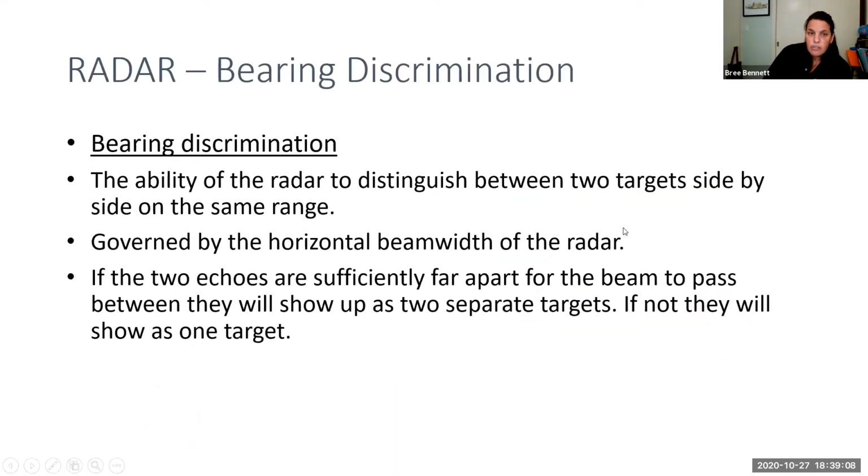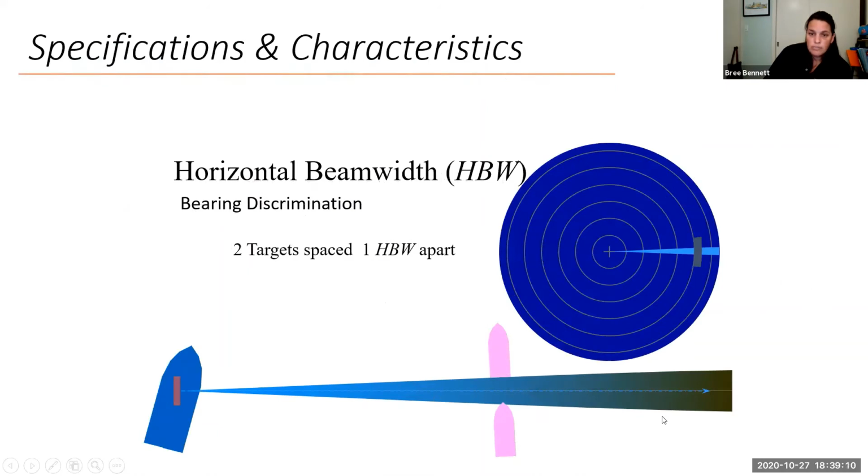Now, if we have two different targets that are very close together, same range, but spaced less than a horizontal beam width apart from one another, the radar will not be able to detect a difference because they're only a beam width apart. Now that beam width grows and grows the further away, the bigger the range is, right? The further away it is from us, the bigger that horizontal beam width will get.